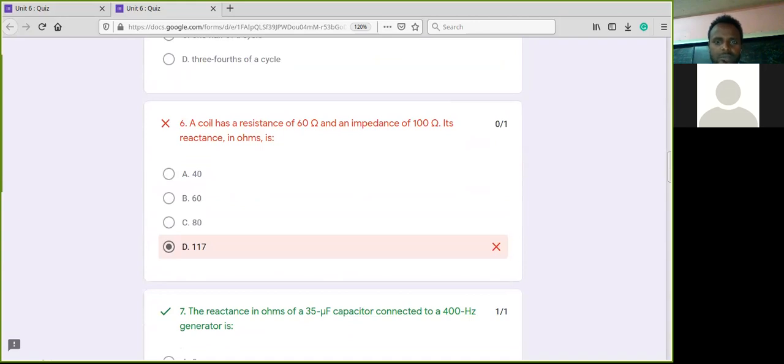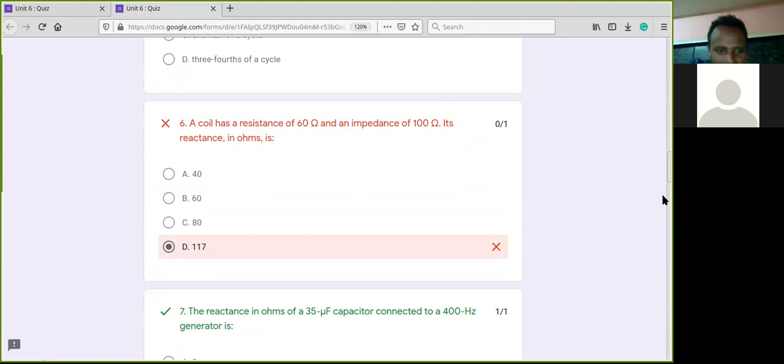A coil has a resistance of 60 ohm and impedance of 100 ohm. Its reactance? Come on, we missed this one. We calculate 80.